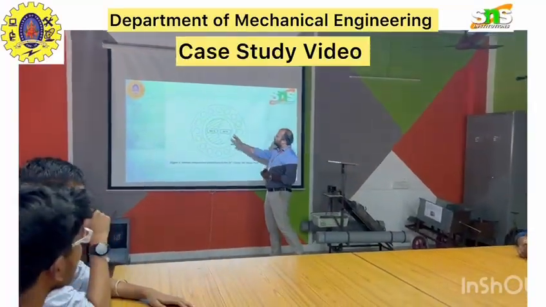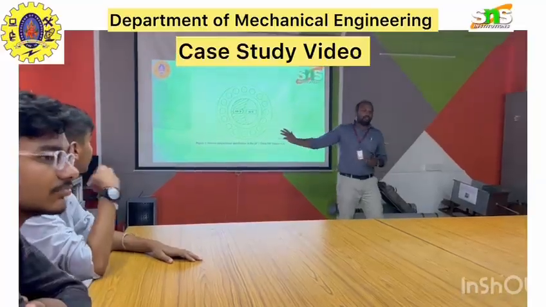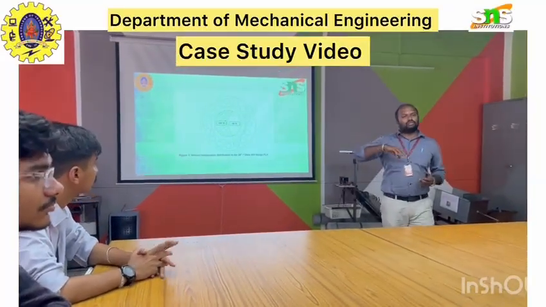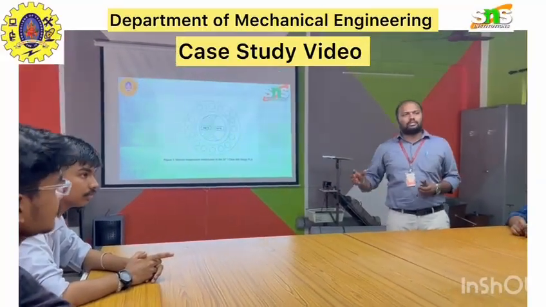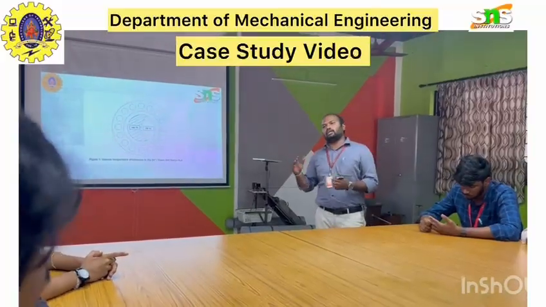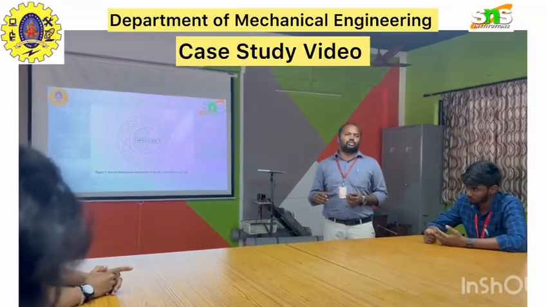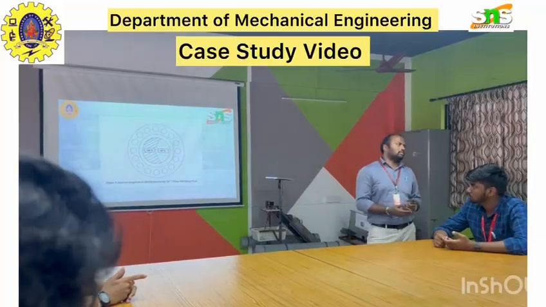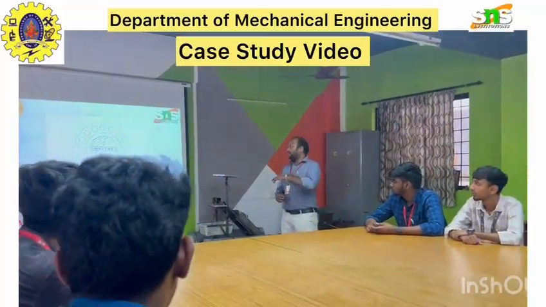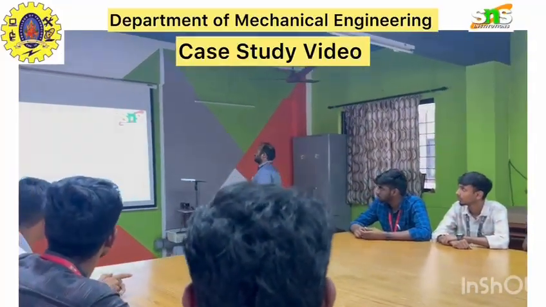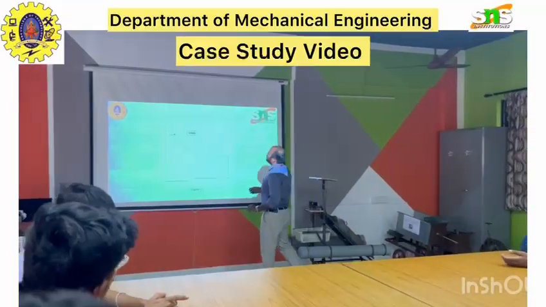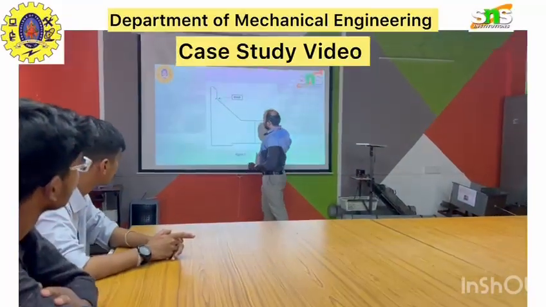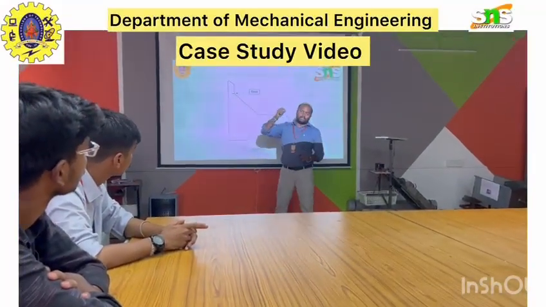Sometimes cracks may happen due to temperature variation or non-homogeneous temperature distribution. We will look deeper into why this failure has happened. Okay, next. So this is the flange, and this is the crack where it actually happened.